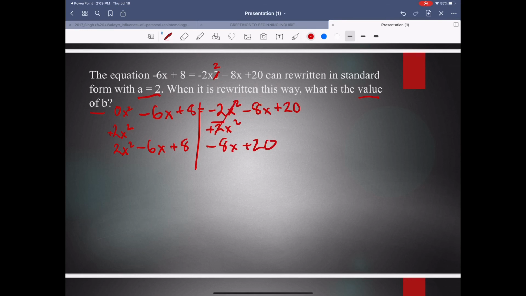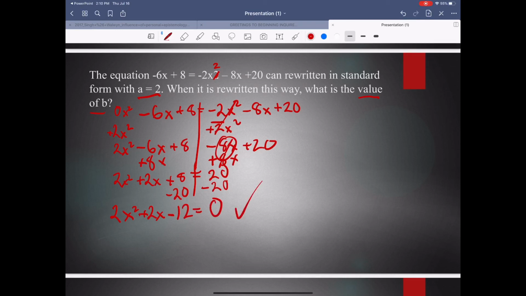Now I'm going to keep on with my inverses, plus 8, then I'm going to subtract 20 since it's positive, subtract it over here. So I end up with 2x squared plus 2x minus 12 is equal to 0. So now it is in standard form, and I do have it equal to 0.